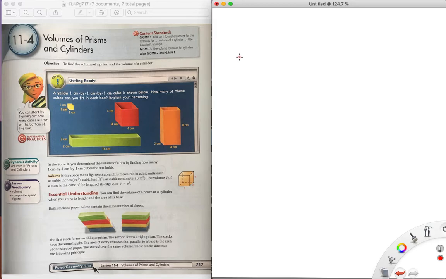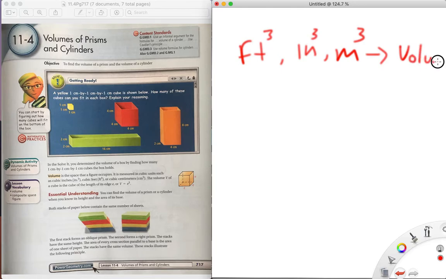One thing that you got to know about the units of the volume of prisms and cylinders is that the units are always cubed. So inches cubed, feet cubed, meters cubed, these all pertain to volume.